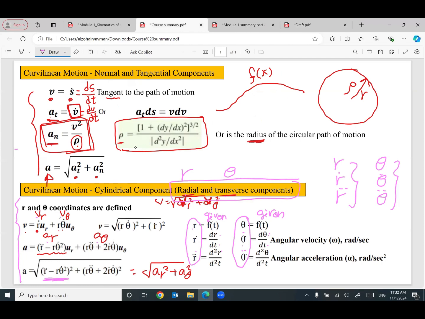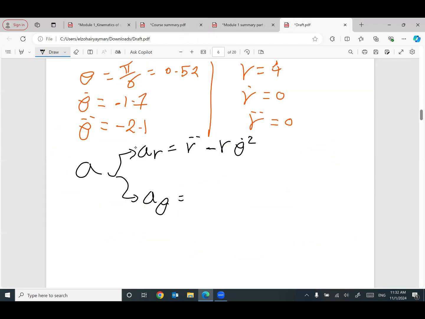This is the value for the radial component, r double dot minus r theta dot squared. Go ahead and put your numbers: r double dot 0 minus r, 4, times theta dot squared, negative 1.7 squared. So your final value for A_r will equal negative 11.6.